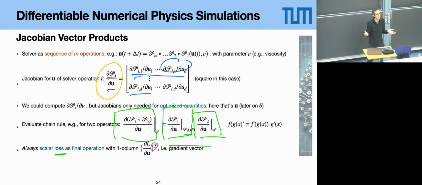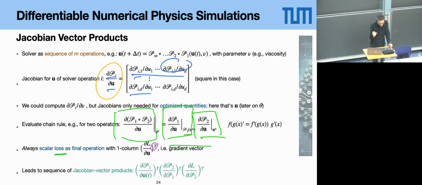So this quantity, the Jacobian of the loss, is the gradient vector we're typically dealing with in all these optimizations and learning frameworks. And this is what always comes out at the very end, because our loss is always a number. And this is great, because we're guaranteed to have a single number at the output. So we don't need to store a matrix in this case.